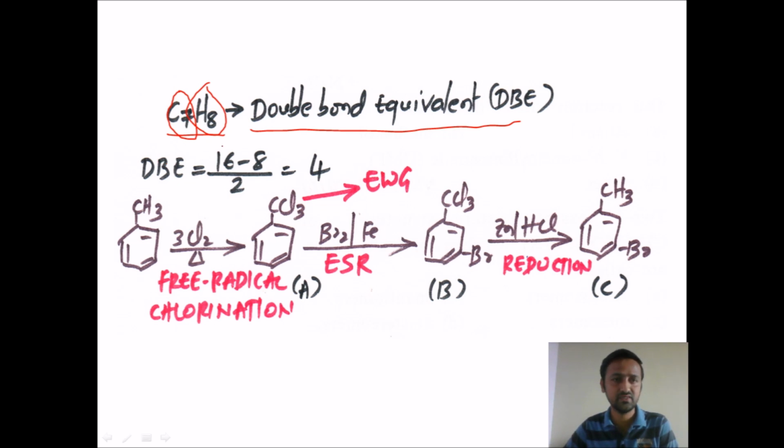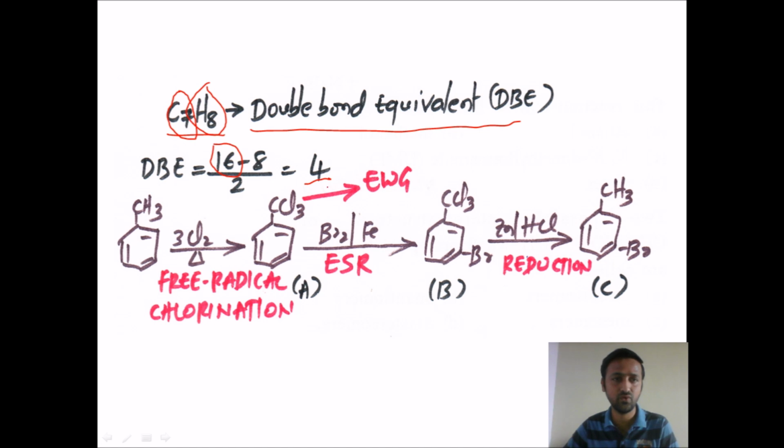So 16 minus 8, divided by 2, gives 4. It means this compound with the formula C7H8 has 4 degrees of unsaturation. It can be a combination: 4 double bonds, or 3 double bonds and a ring. This gives a clue now.